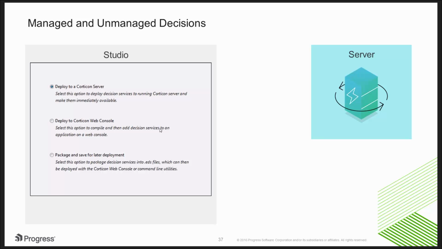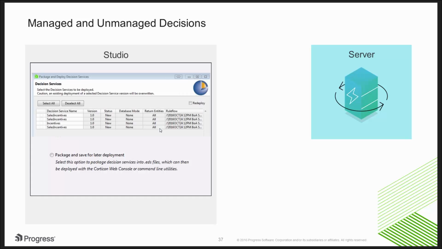Okay, so let's just review how decisions get into the server. Most likely the way you've done your deployment is through the deploy to Corticon server option. Basically what this does is pop you up a menu of your rule flows. You select the one you want, you click on deploy, and that decision service gets pushed directly into the server.